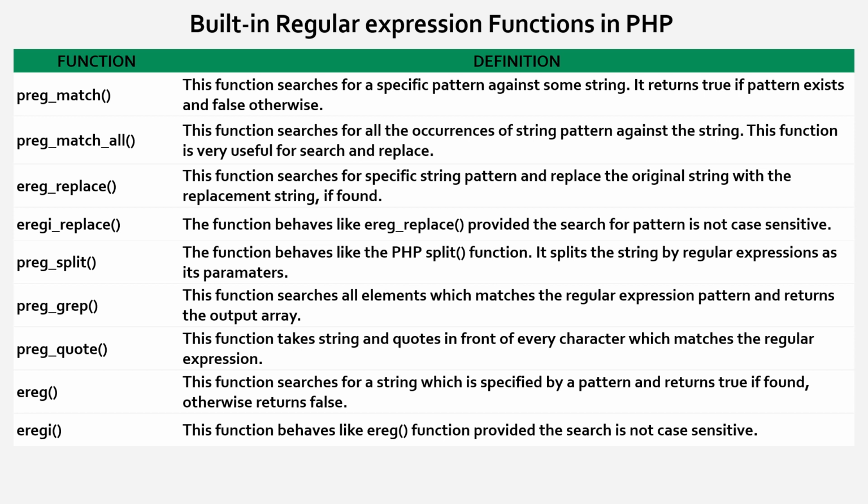You specify the pattern and it will check it against the given name. For example, spaces are not allowed, special characters are not allowed. It returns true if the condition we specified is satisfied, otherwise it returns false. The examples we will see.